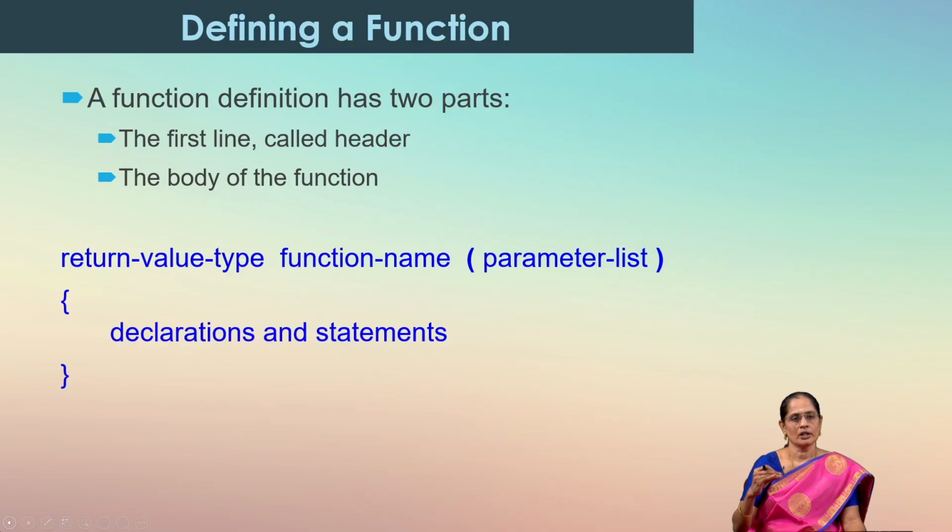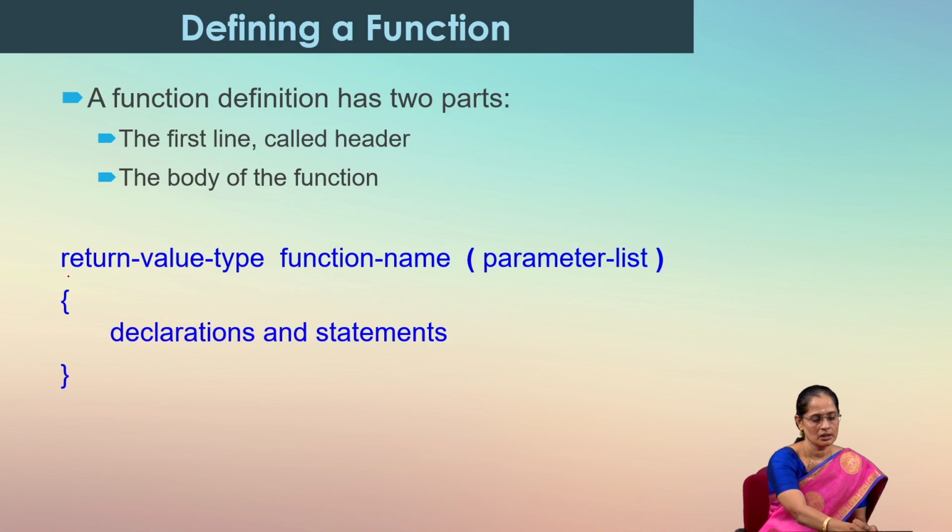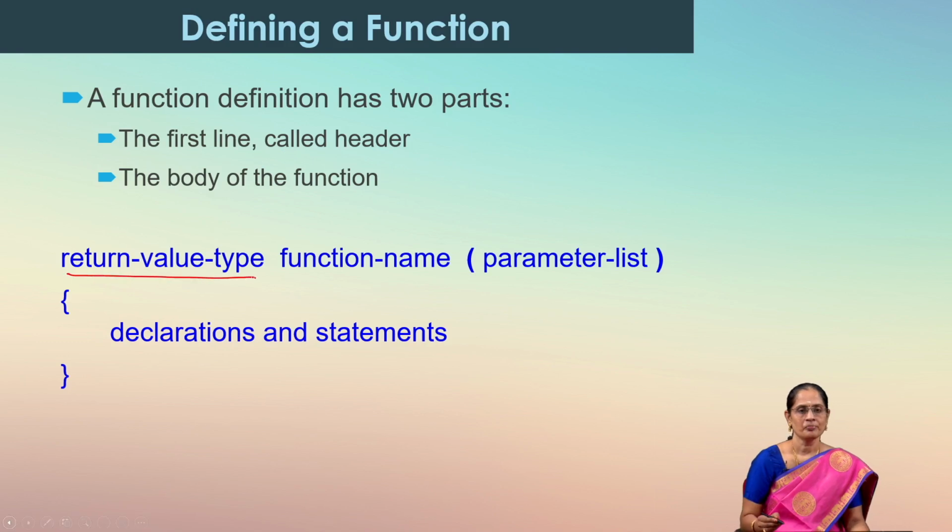So, the function definition syntax will be, the first value will be the return value type. It means that if the function is going to return any value from its usage to the main function, or to the function where the function call statement exists.